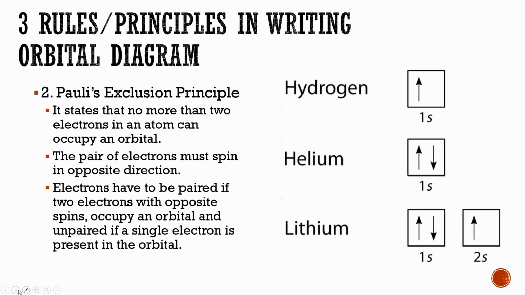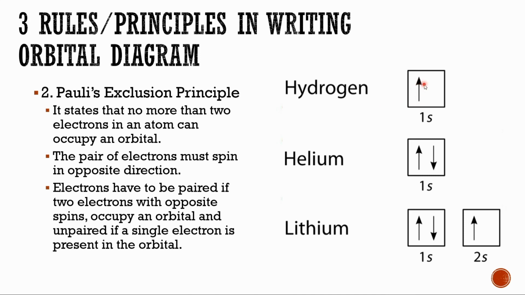Mamaya magkakaroon tayo dito ng emphasis. Let's say for example here, ang hydrogen ay mayroong isang electron, right? Isang proton ng hydrogen kasi 1 ang atomic number niya, at sabi ko nga kanina, proton and electron are equal if hydrogen is stable. So this is a stable hydrogen, so therefore 1 lang ang kanilang electron.